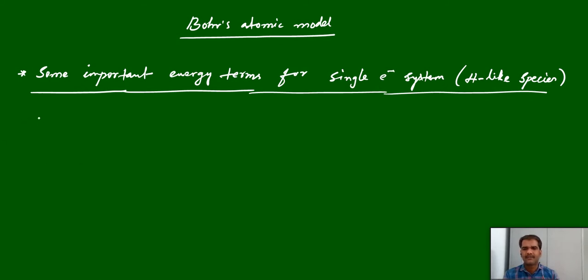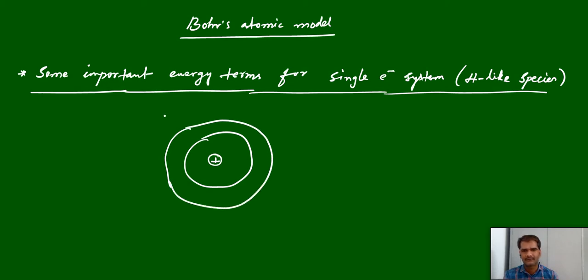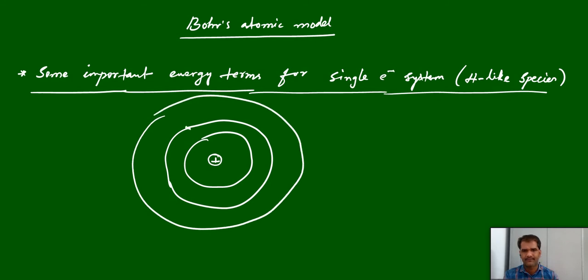Before that, we should have some idea of what a ground state or excited state is. Let me take a nucleus. Around it, the electron may revolve in various shells. According to Bohr, the electron revolves in a particular orbit with a fixed velocity.